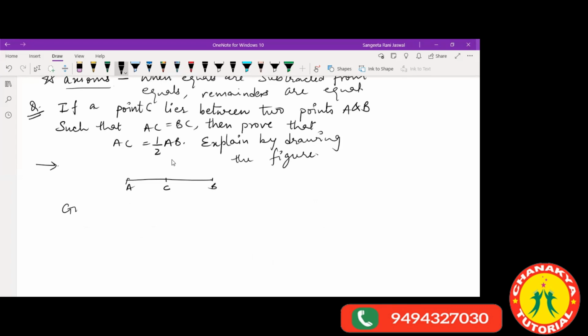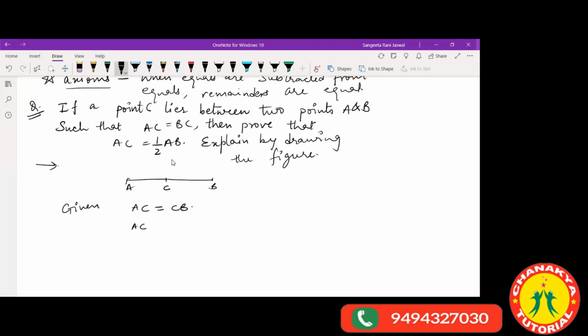Let's see. Given, we can write here, we are given that C lies between 2 points A and B, such that AC is equal to CB. Ma'am, then we can even write AC plus CB is equal to AB. So if AC is equal to CB, this is already given to us. So we just have to prove it.